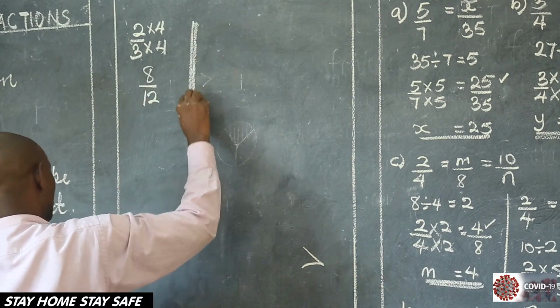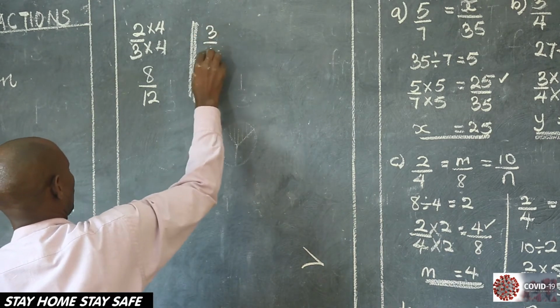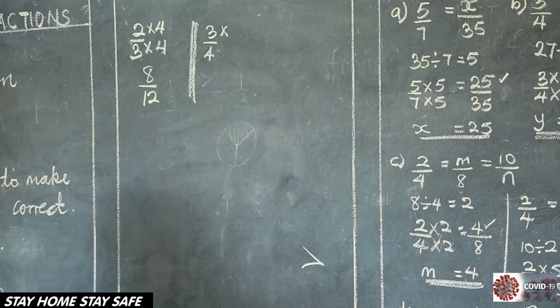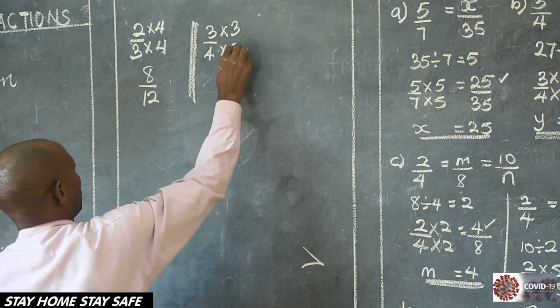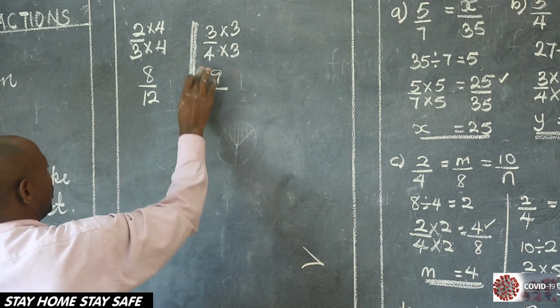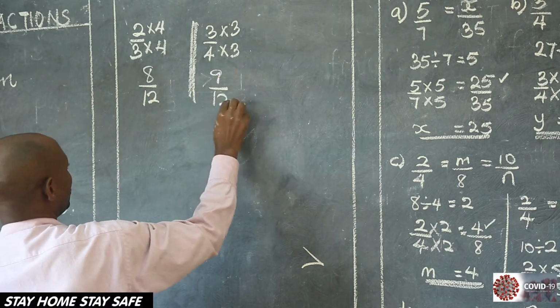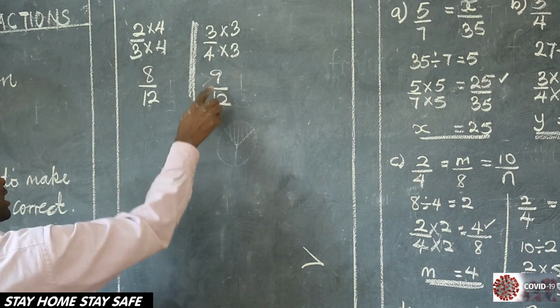Then 3/4. Now I multiply by the denominator of the other fraction, 3. So we multiply this by 3, this one by 3. 3 times 3, we are getting 9. 4 times 3, we are getting 12. Someone has 8 out of 12, another person has 9 out of 12.